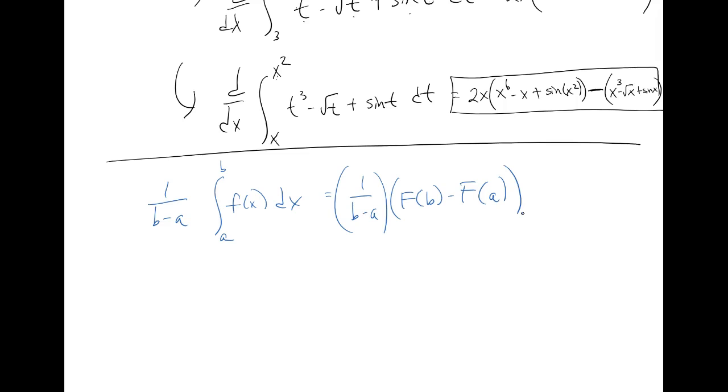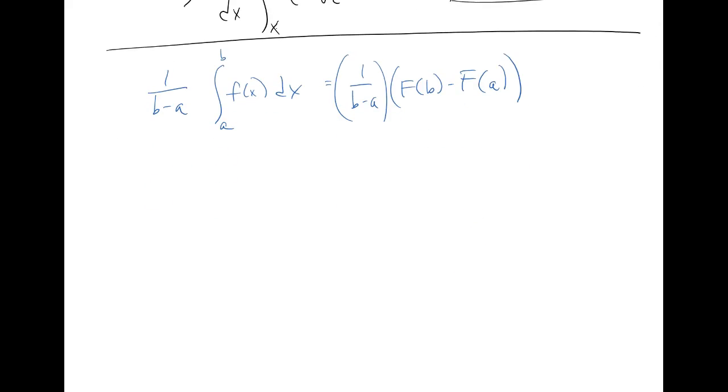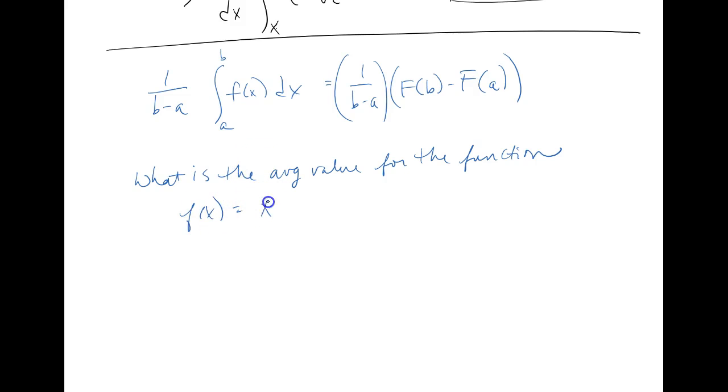I guess I could do an example of this. It would pretty much just be somebody saying, what is the average value for the function f of x equals, let's say, x squared minus x plus 1 over the interval 0 to 4 or something like that.